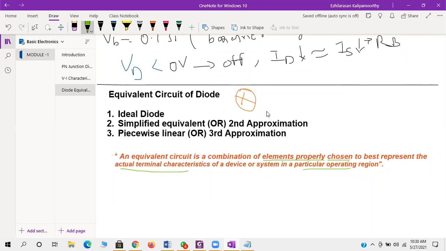Combination of elements is a very, very important term. So the equivalent circuit is the combination of elements we have to properly choose.